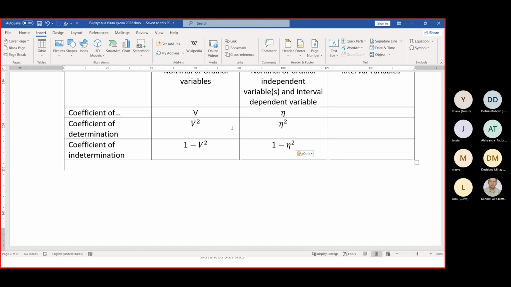If we are on the second row, we can say the percent of the variance of the result which is explained by the factor, by the independent variable.